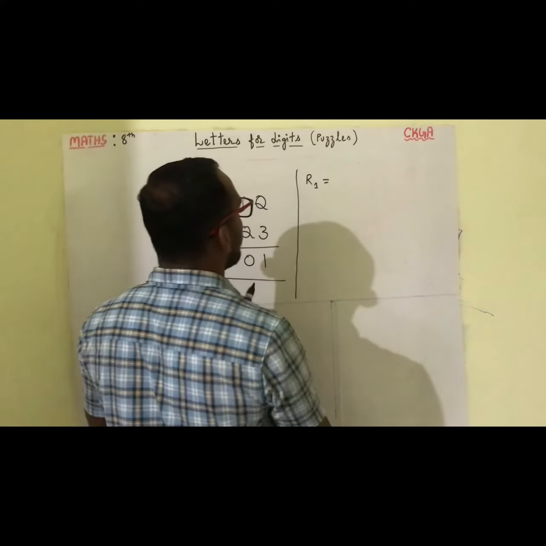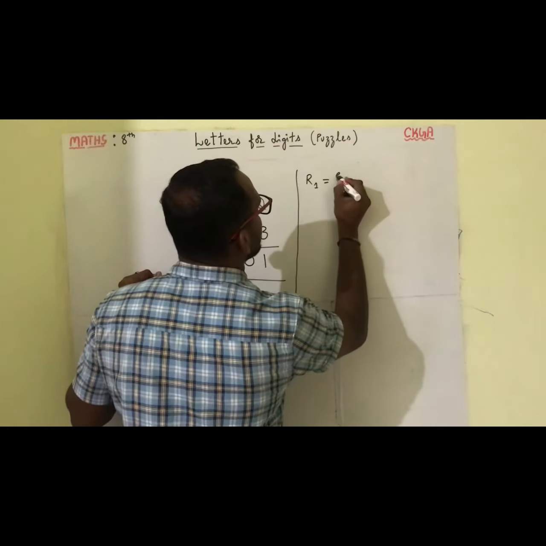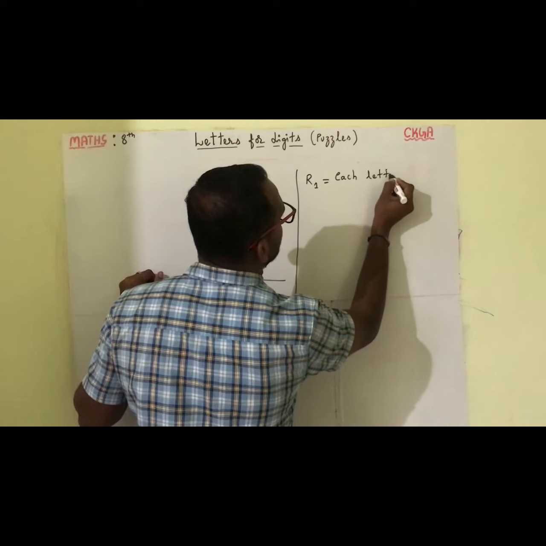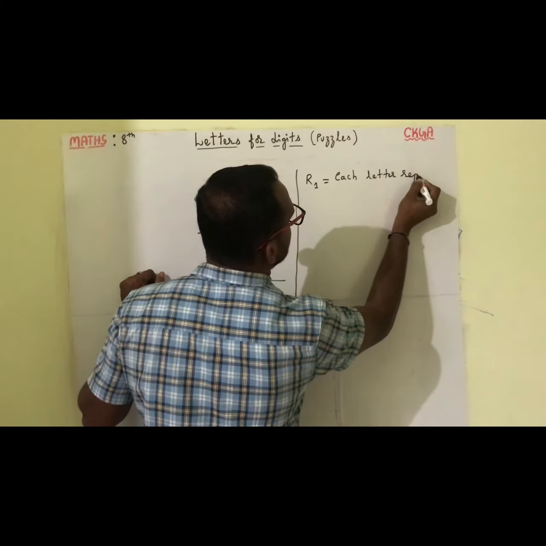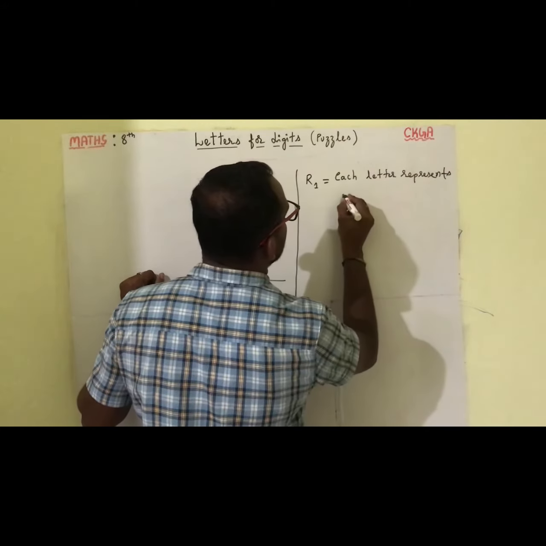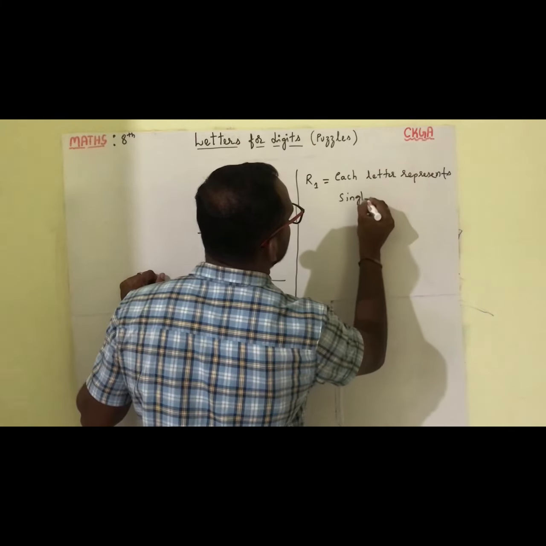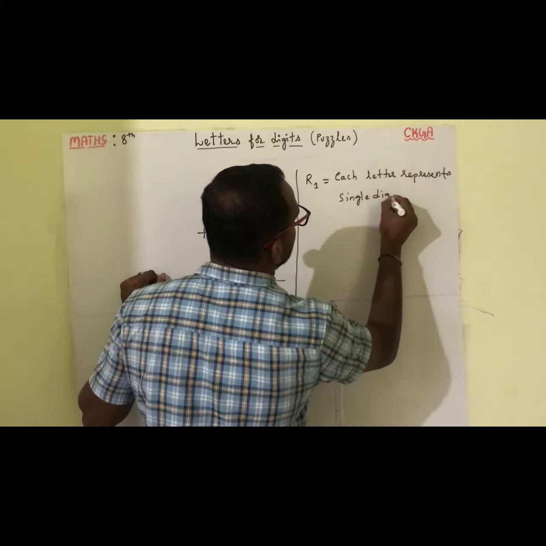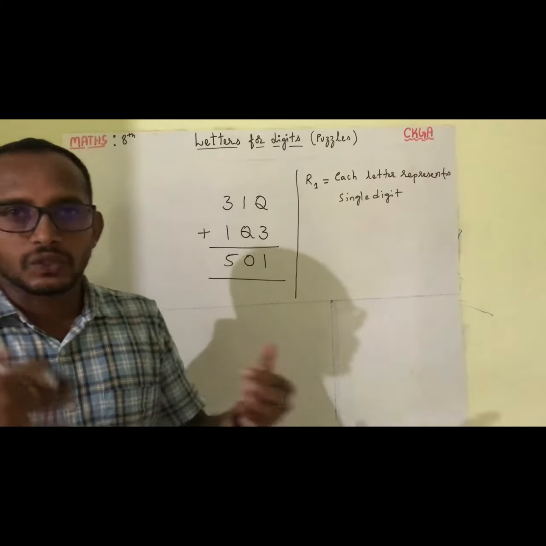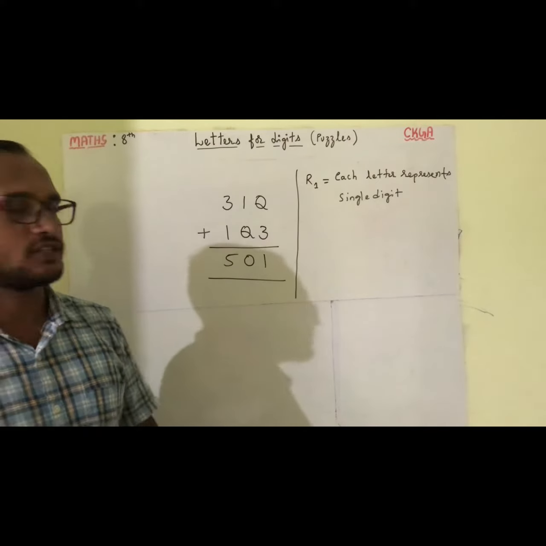Rule number 1: each letter represents a single digit. This is a very important one. You can't find a 2-digit number for a single letter.